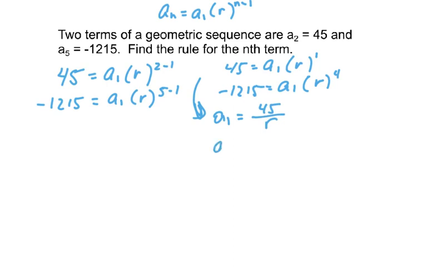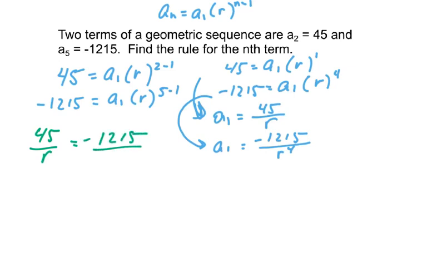And then in this one, a sub 1 equals negative 1,215 divided by r to the fourth. So that means that 45 over r is equal to negative 1,215 over r to the fourth.